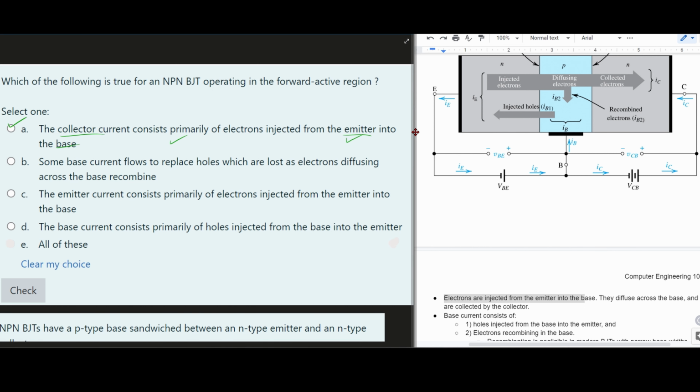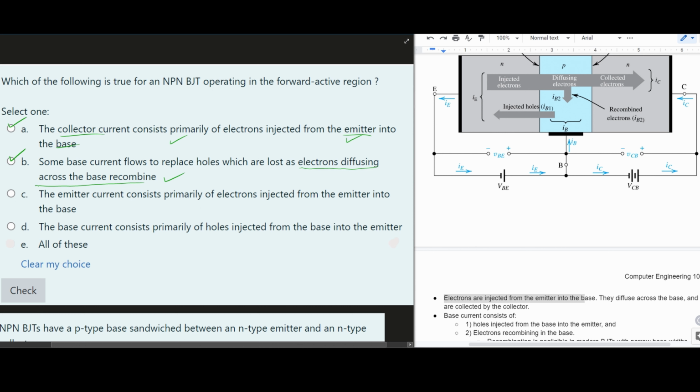We can see the holes are flowing out, and they're lost as electrons are diffusing across the base and recombine. Well, it says electrons recombine in the base here, so the electrons across the base recombine is true. Some base current flows to replace holes. We know that holes are injected from the base into the emitter, so this is also going to be true, and so this is overall true as well.